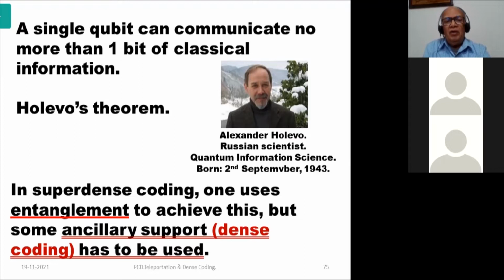And you can use entanglement in some ancillary support, in some additional infrastructure that Alice and Bob can use, but the actual information which she will communicate would involve a single qubit, and that will amount to beating the Holevo limit, which is why it is called dense coding.